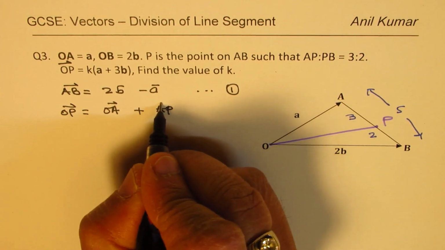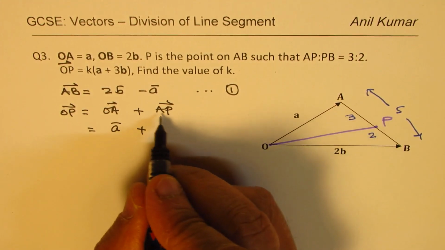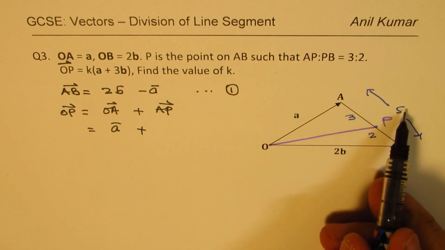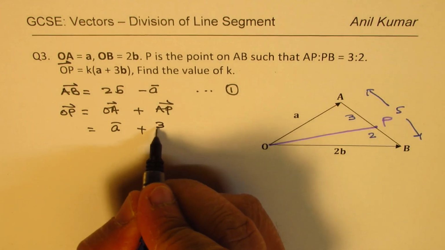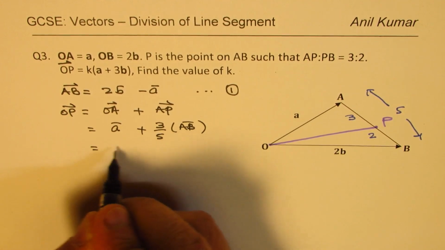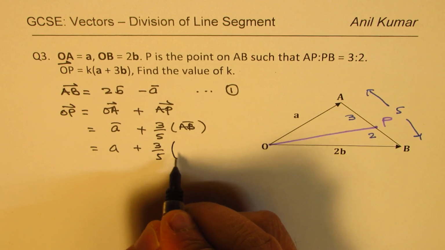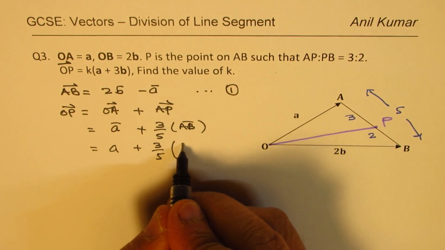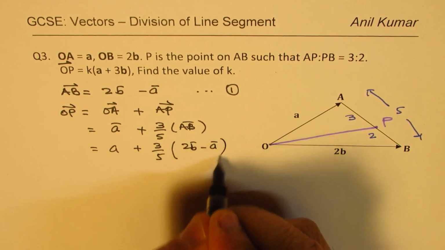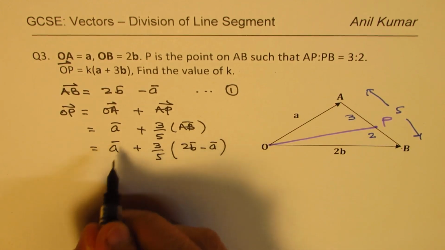That is OP. Now OA is given to us as vector A and AP is 3/5 of AB. And from equation 1, we know what AB is, which is 2B minus A, right? 2B minus A is AB.